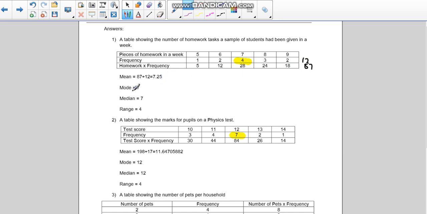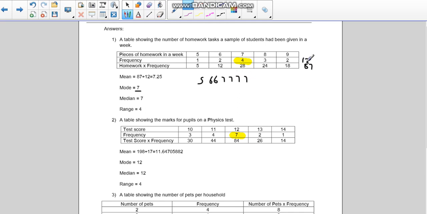Remember, the mode is the one with the highest frequency. If we look at the frequencies, 4 is the highest frequency. What number of homeworks was that? That was 7 homeworks, so the mode is 7. The median, well again, let's just write a list out. I've got 1 5, I've got 2 6s, and I've got 4 7s, so 1, 2, 3, 4.